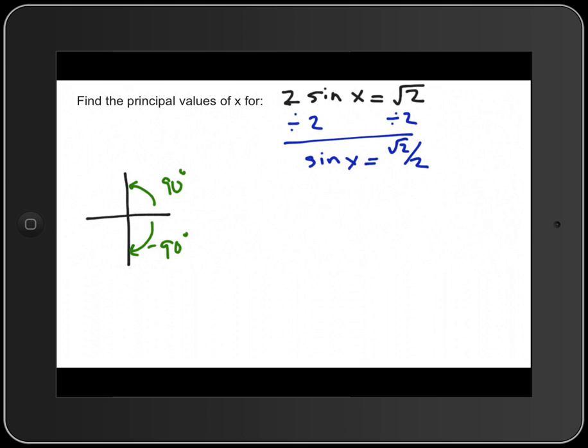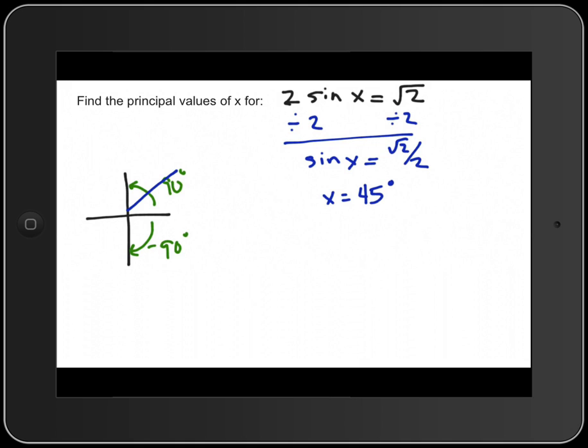Okay, cosine is different, that's between 0 and 180, but for sine and tangent it's between negative 90 and 90 degrees. So I look at my unit circle and find where sine is root 2 over 2, and that happens at 45 degrees. Okay, that's where the sine value is root 2 over 2, so x is equal to 45 degrees. Okay, so that's a quick, clean problem.